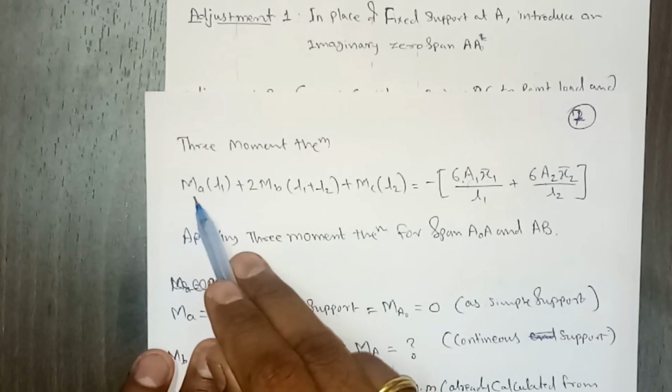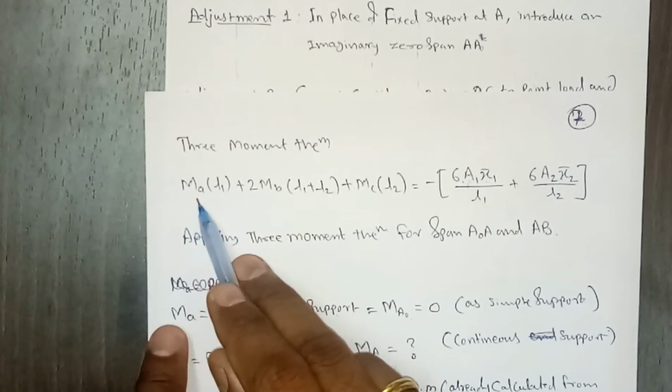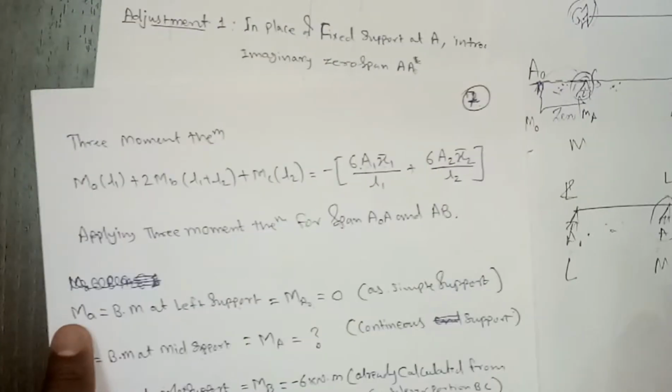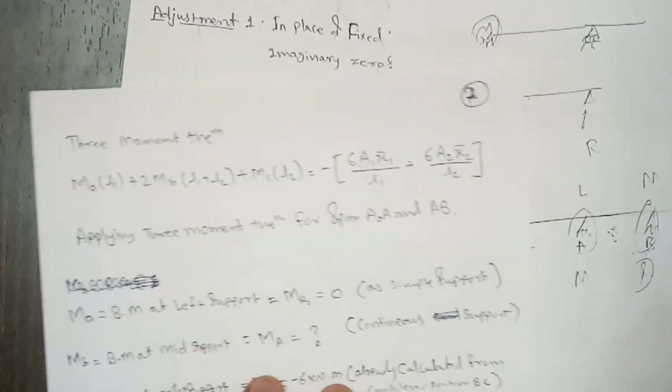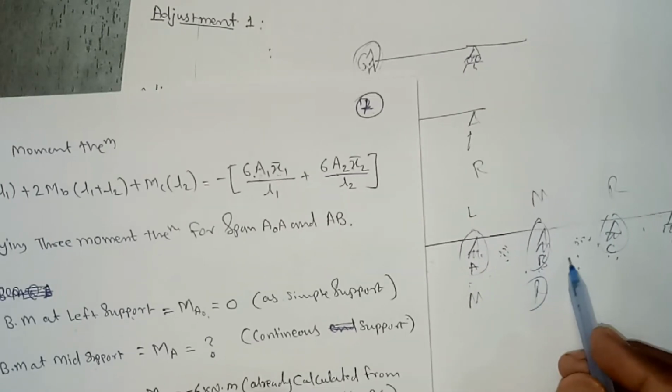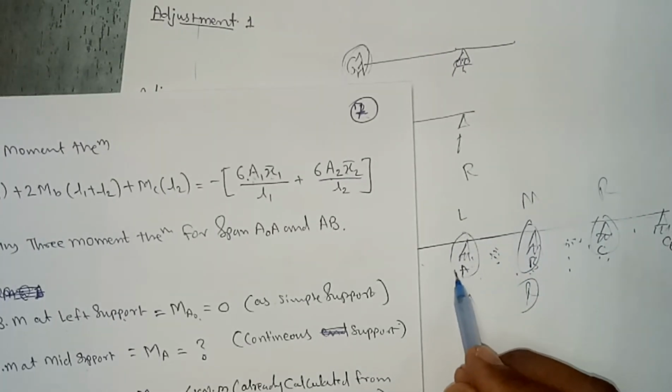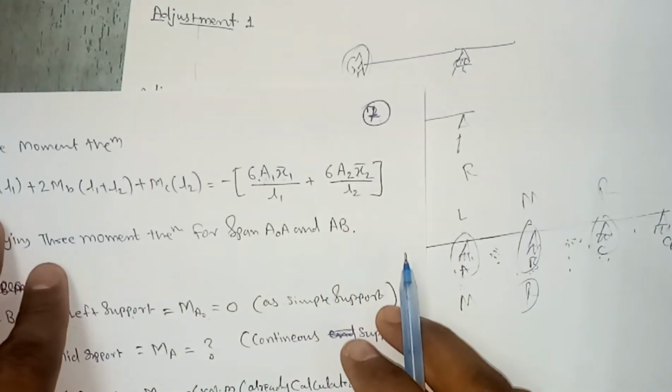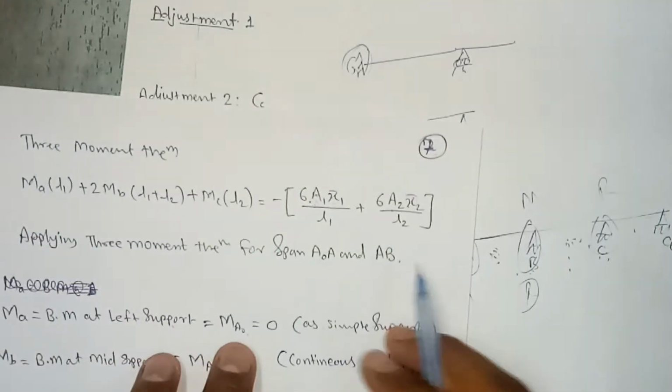MA is the bending moment at the support on left, right? So if you are using it for these three supports, then the moment on the left support is called MA.